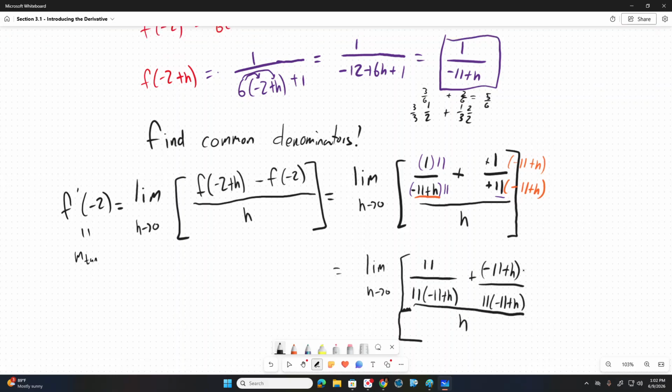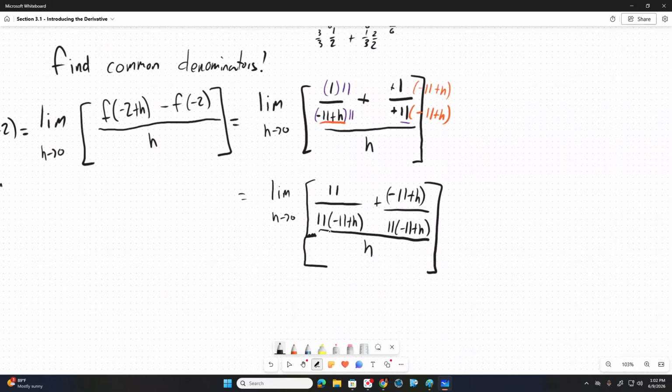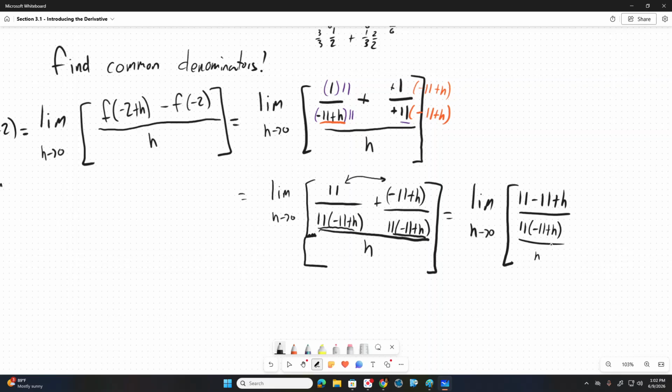Maybe I should extend that down. Notice, same denominator. I can actually directly add these two things together. So this is the limit as h approaches 0 of 11 minus 11 plus h divided by 11 times negative 11 plus h, divided by h.